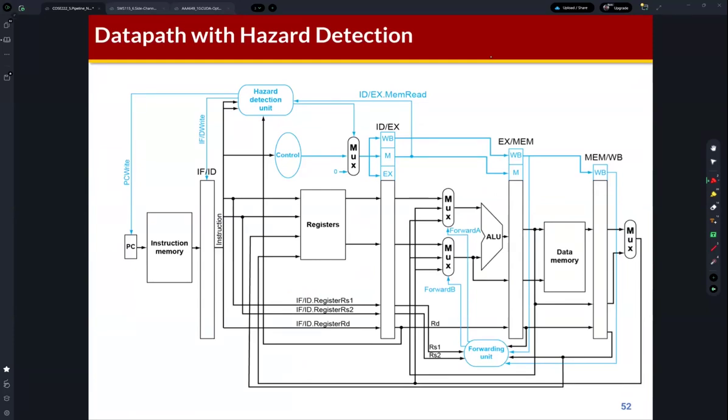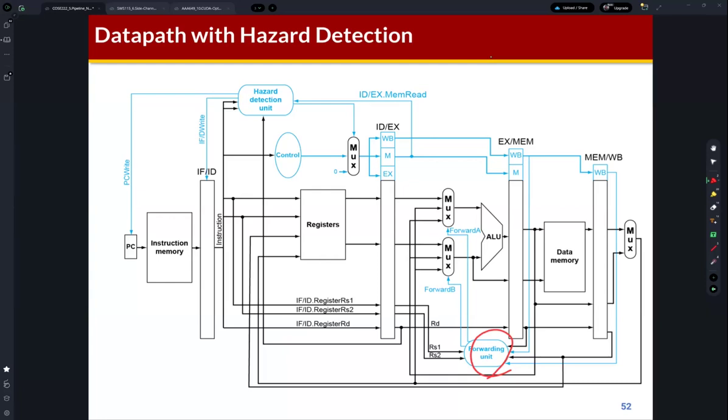So how can we implement this? In order to implement data forwarding, we implement the forwarding unit in the EX stage, because as I mentioned, data forwarding is detected when the current instruction is in the EX stage.